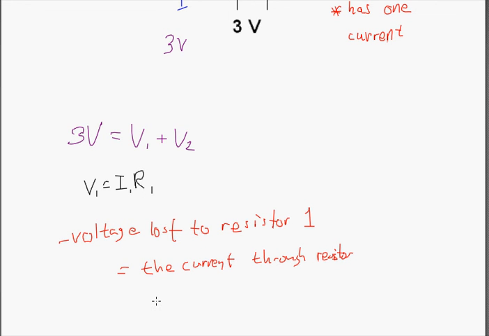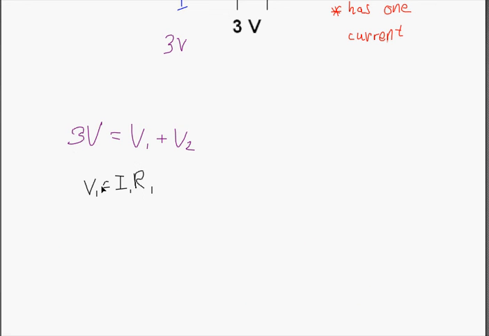Sorry, that's poor writing right there. So that's pretty cool. That's what this formula is telling us. All right, I'm going to get rid of that, though, so I have space to work.